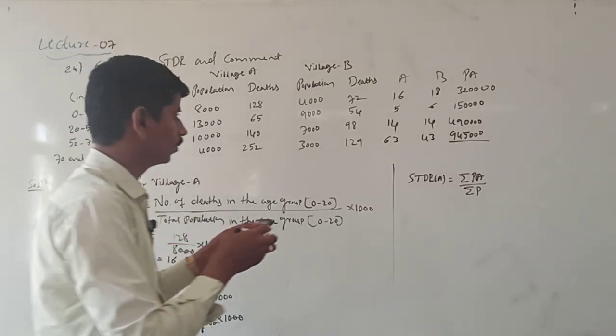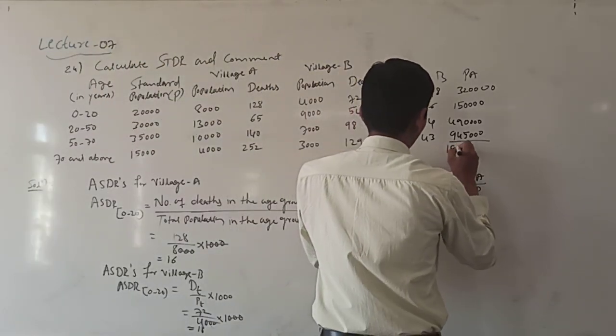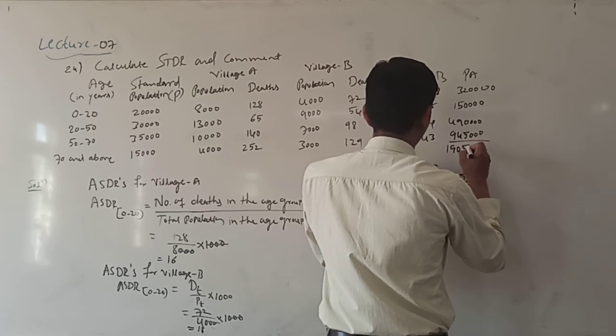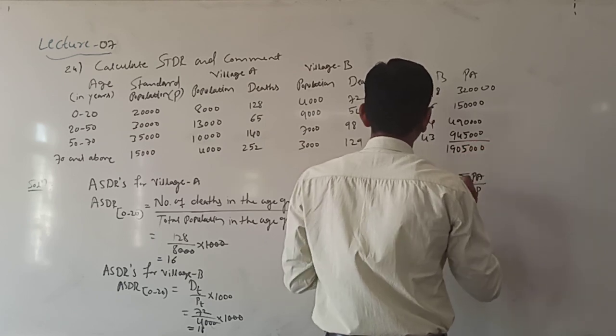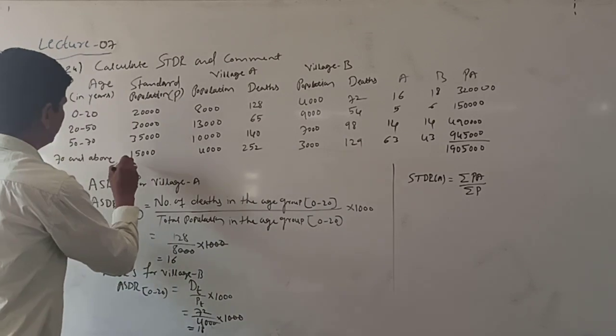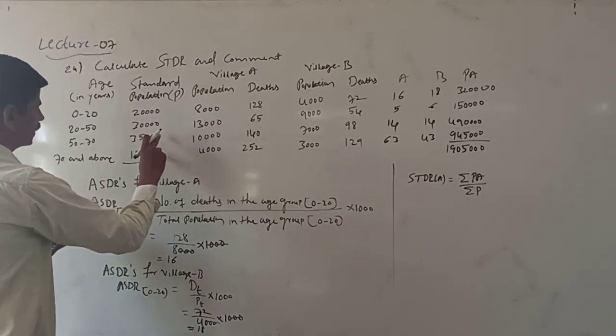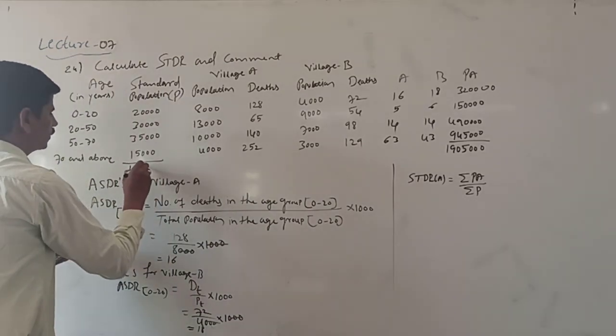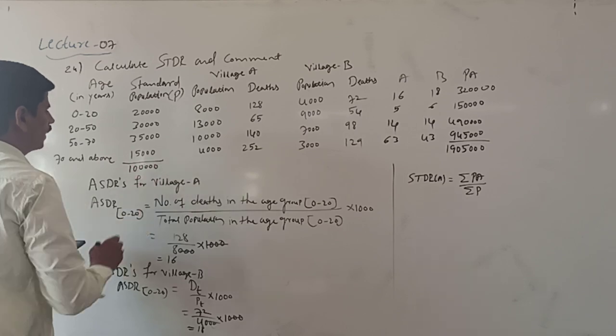Then we will get 19,05,000. Here the sum of standard population is 20 plus 30 plus 50, that is 1 lakh. Here the sum of standard population is 1 lakh.